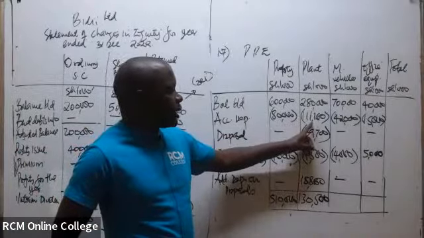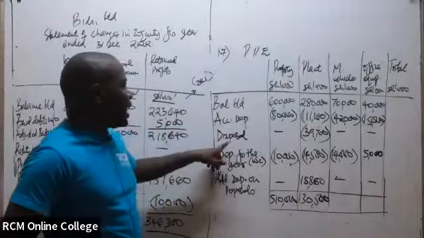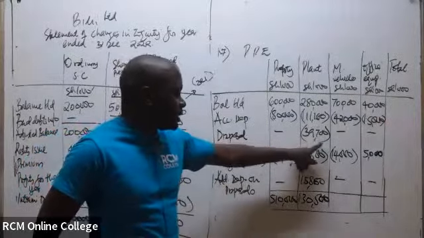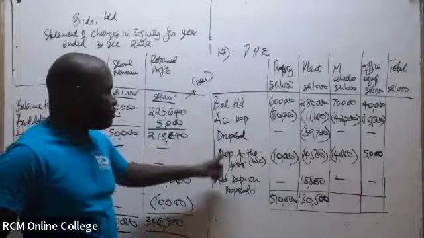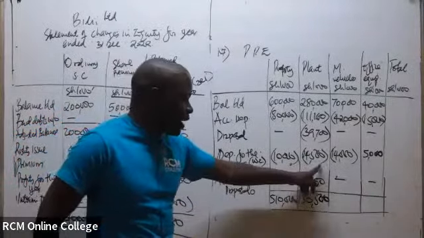280 plus 111,160. This is the accumulated depreciation. Then there was an item of plant which was disposed of, 39,700. Then the depreciation for the year, which you computed under working number 2, is 14,500,000.